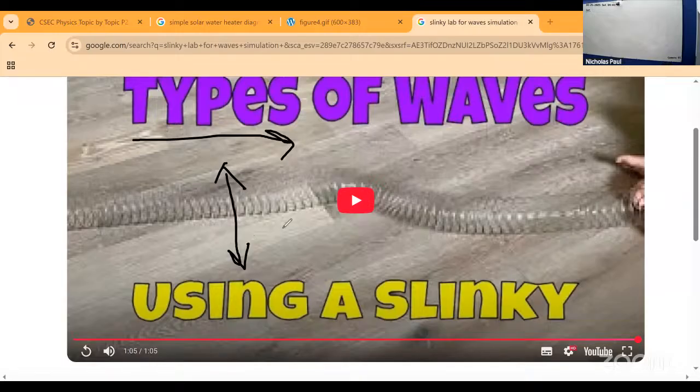But you recognize that it's vibrating up and down and it's moving to the right. Whenever that happens, that is called a transverse wave. I'll just put the first 5 letters. Again, it's not perfect, but that's how the slinky is supposed to work.